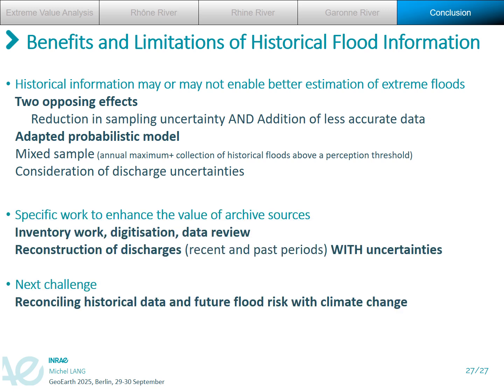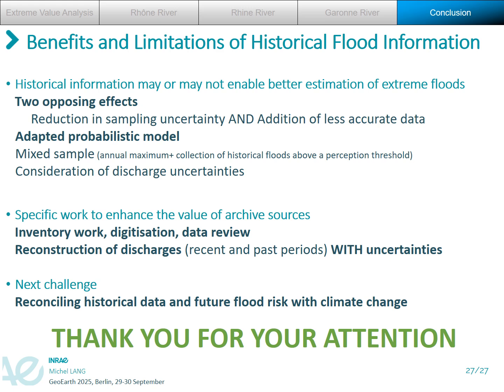Specific work is necessary to enhance the value of archive sources with inventory work, digitization and data review, and reconstruction of discharges with uncertainties. And the next challenge will be to reconcile historical data and future flood risk with climate change. Thank you for your attention.